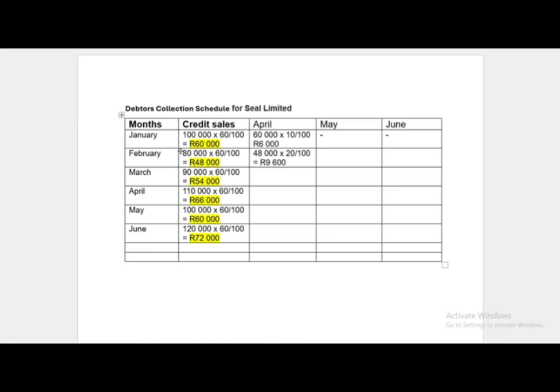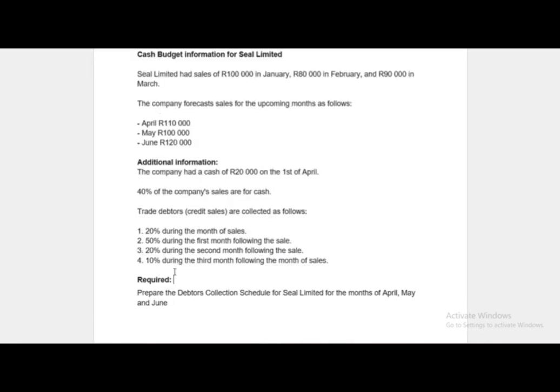And then we also have the third month, because remember, April is the second month following the month of sales. So in April we collected for the month of February, and then we also have to collect for the third month. In the third month, we are collecting 10% according to the policy, 10% during the third month following the month of sales.